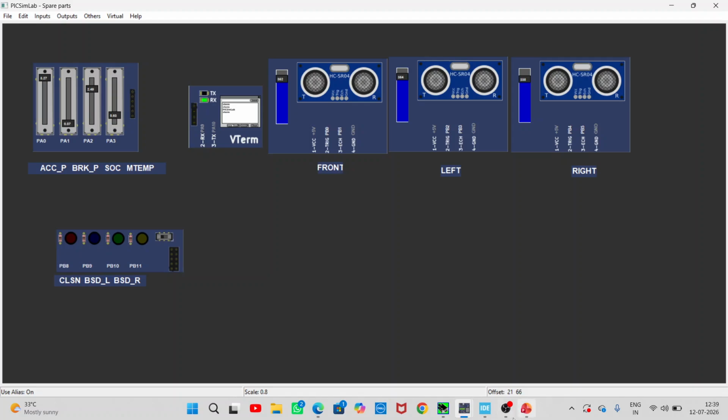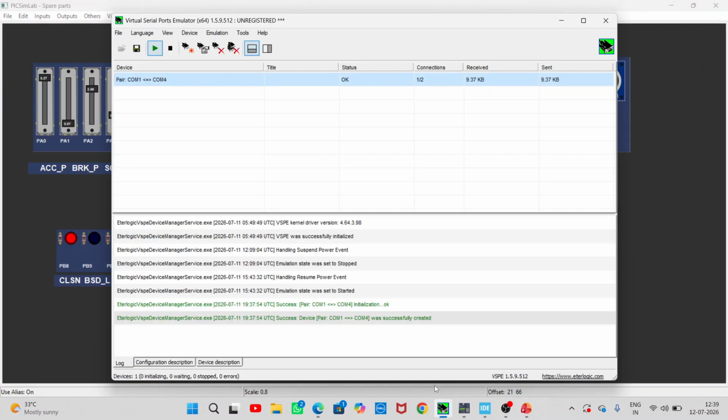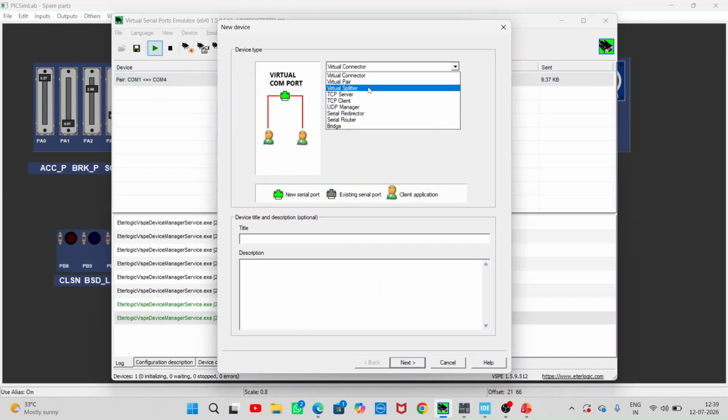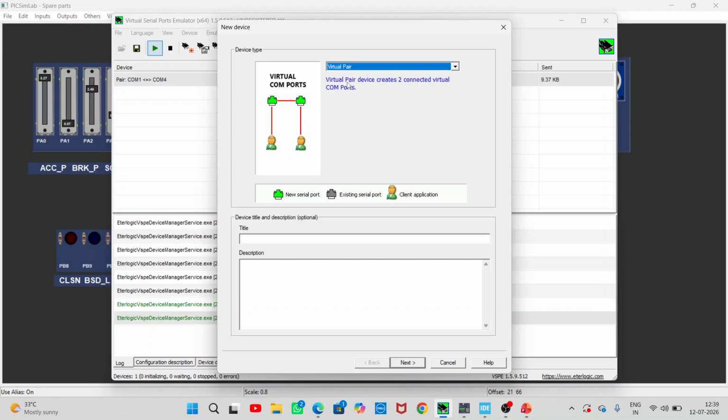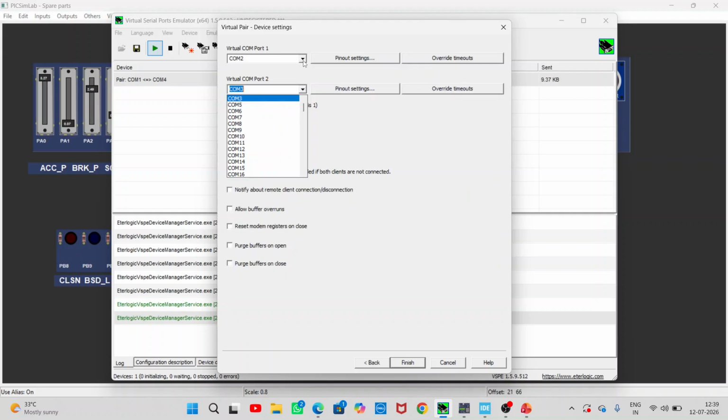I will move to the Python dashboard. For that, I use the Virtual Serial Ports Emulator. I choose a virtual pair, and next choose the COM port. It is already selected, it is enough.